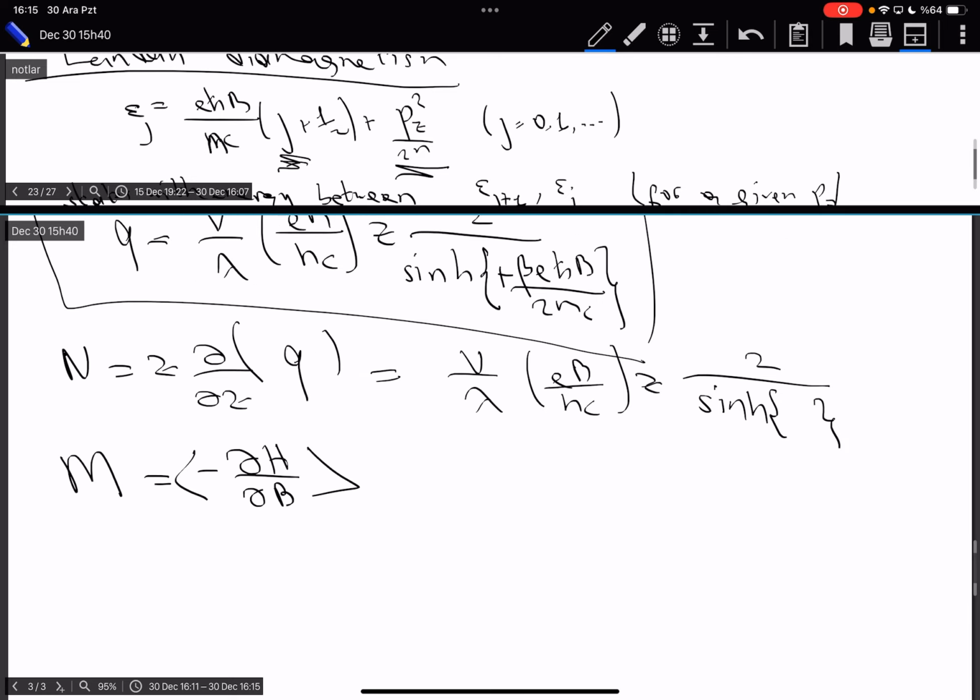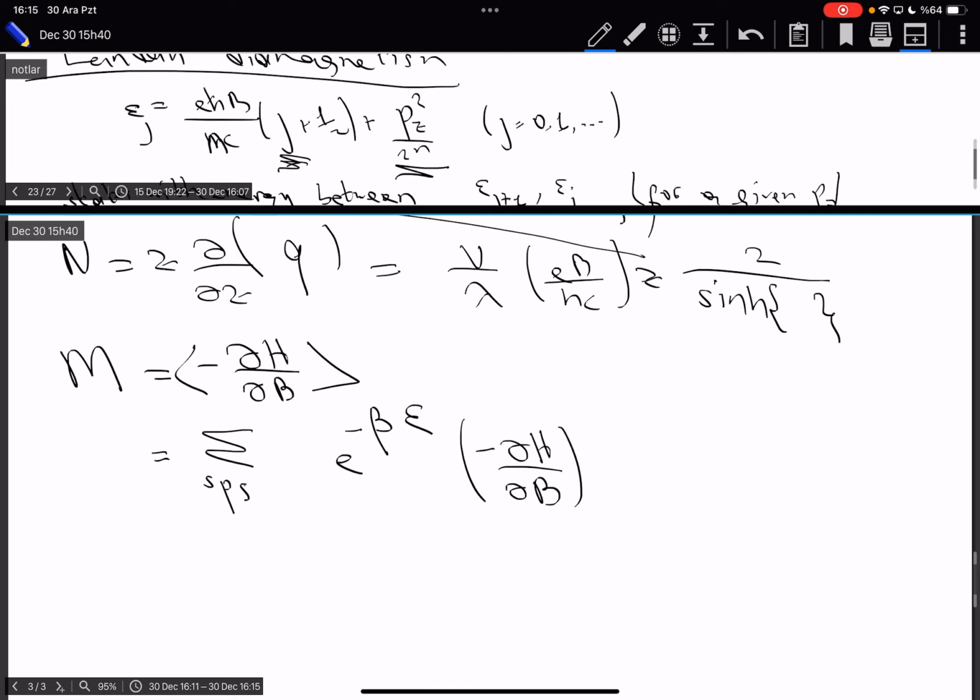Now I have to somehow write this in terms of the Q potential. You see, this should be equal to the sum over all states of e to the power minus beta times the energy, times minus the derivative of the Hamiltonian over dB, times 1 over Q. Not single particle states, by the way.